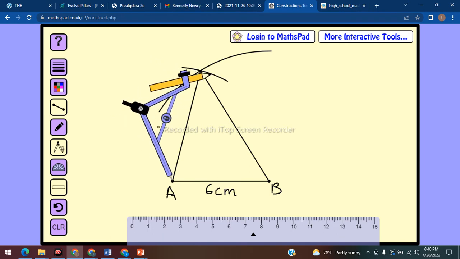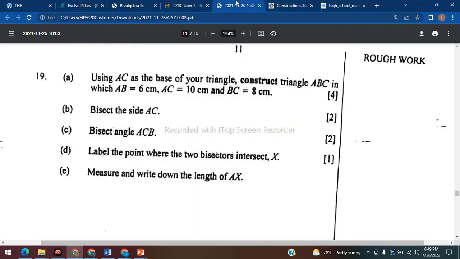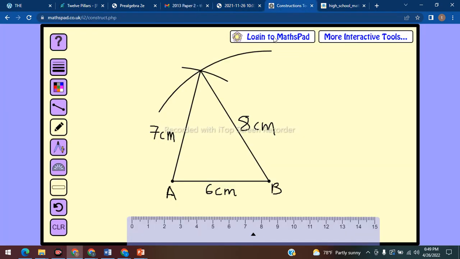So, good. Now let's write it in. This one is 7 centimeters. This one is 8 centimeters. Alright. Now the question says bisect the side AC. So we're bisecting it, which means we cut it in half.